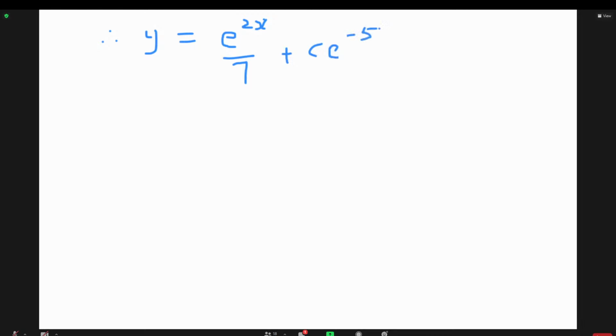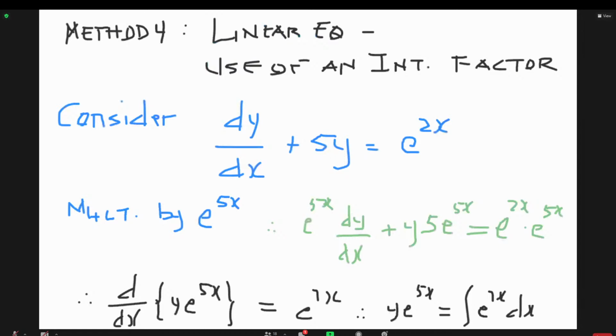Okay? What really happens here is this. This e to the 5x, we're going to divide everything by it. Sorry, I missed out a line. So let's do that. Let's not miss out the line.